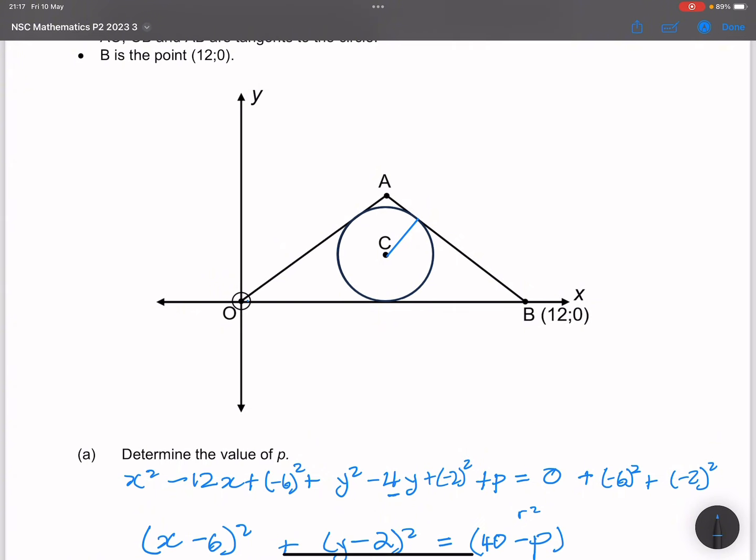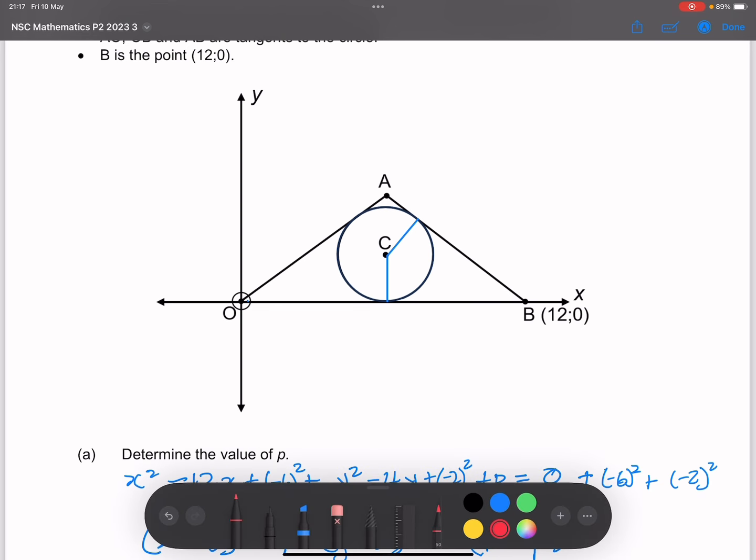So these are my radii. If I just drew the line CB, which is that line over there, I would actually divide those two triangles into two similar triangles. Why are they similar? First of all, each one of these would be right angled, that's the tangent radius theorem.